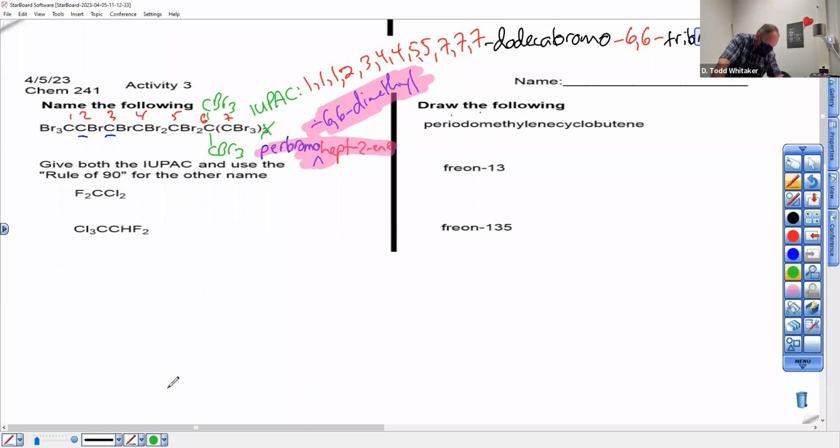And the next part is a new entity entirely. We're naming what's called freons. Freons. Or you can call them CFCs. In fact, freon is not appropriate for general use, so I'm going to rename that one CFC.